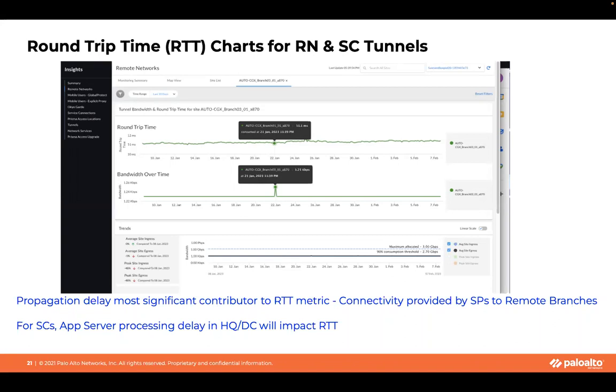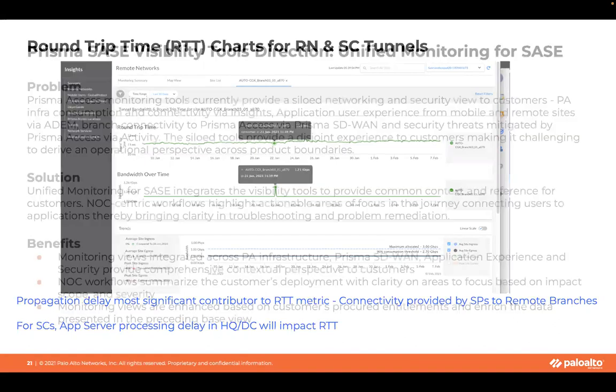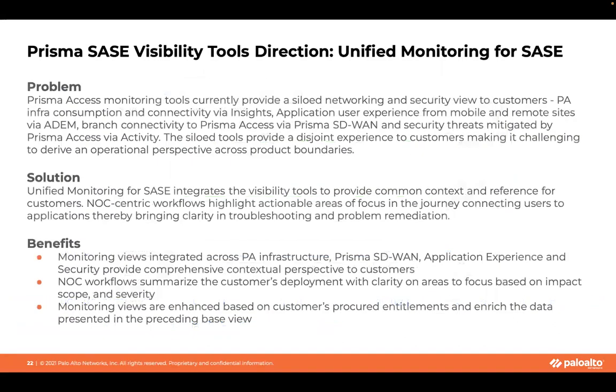So we want to give a much more consolidated view of security service consumption and Prisma SD-WAN networking consumption. We're making some very fundamental changes to the way in which all our visibility tools bring this data for you. That is our forward path for Prisma SASE visibility.